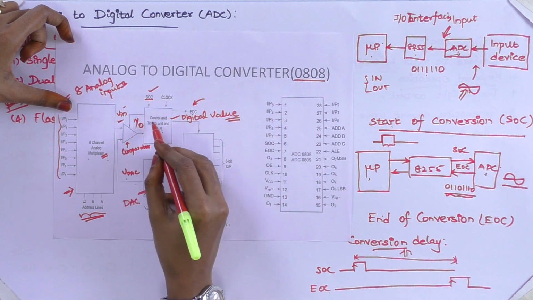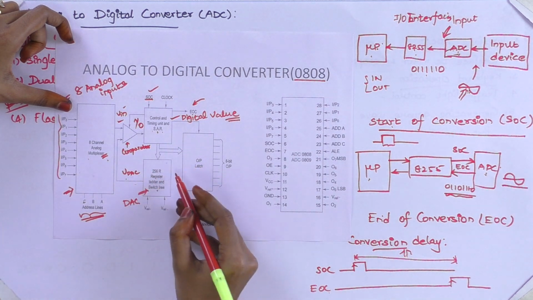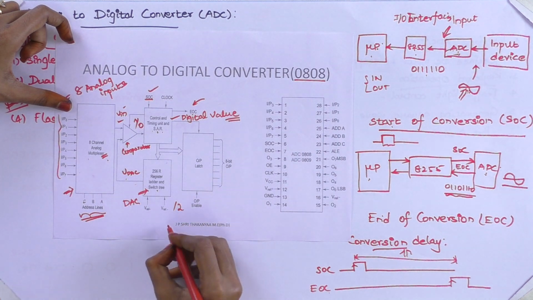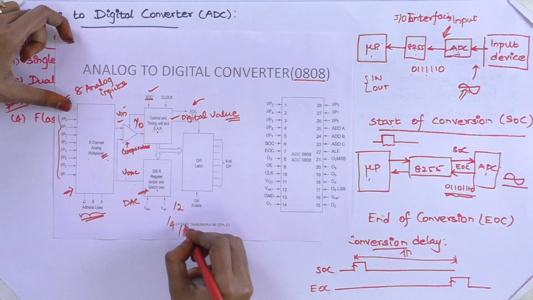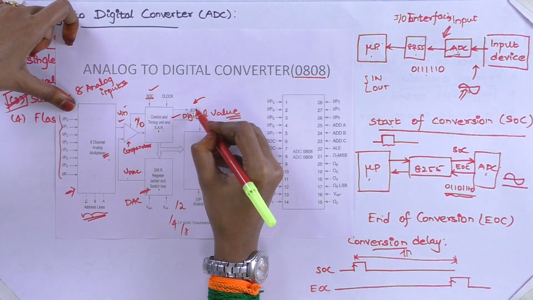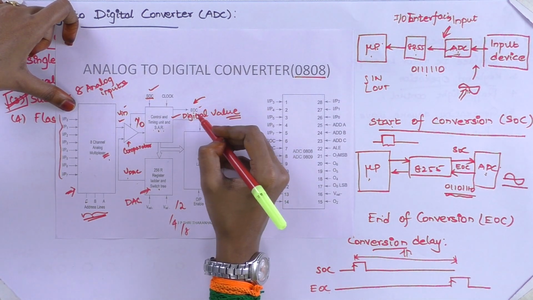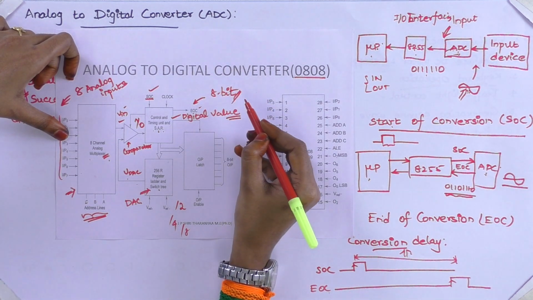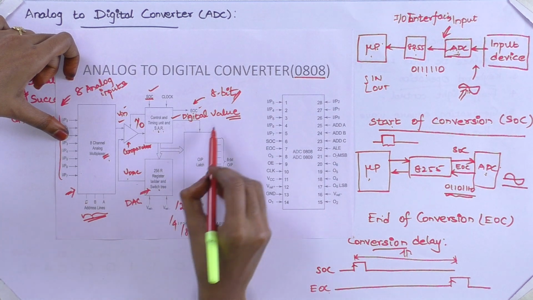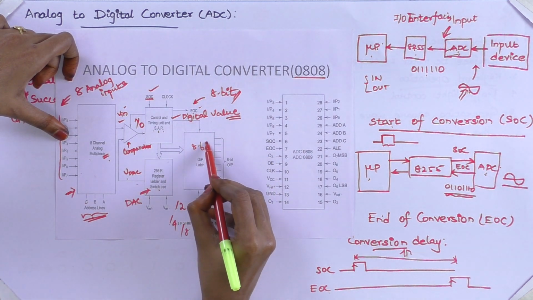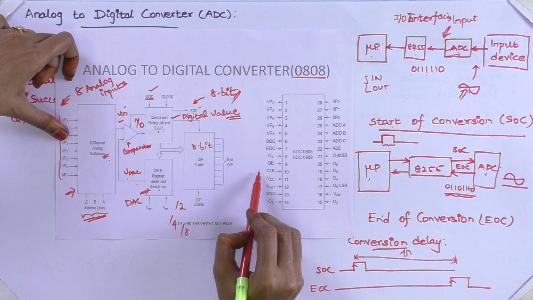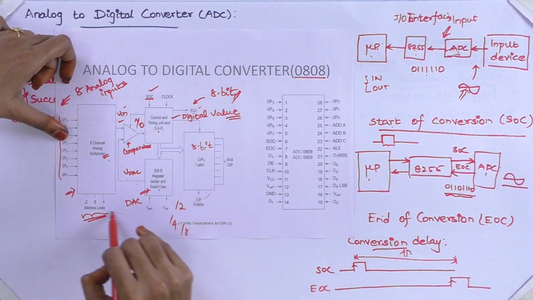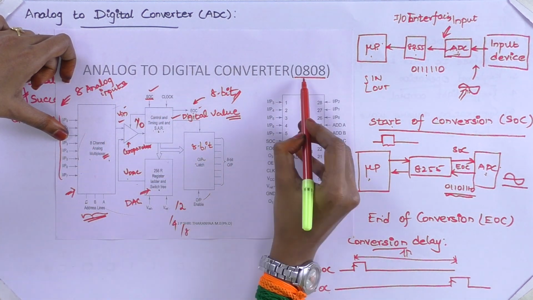Once the first comparison is over, the reference voltage will be divided by 2, then by 4, then by 8. This continues till all 8 bits are converted. After the conversion, this 8-bit data will be stored in the output latch, and from the output latch the processor will get the digital data. So this is how the conversion happens in 0808.